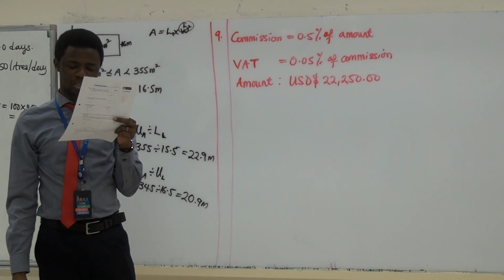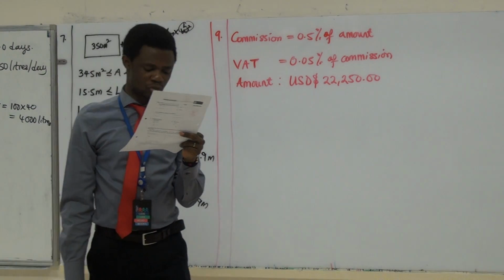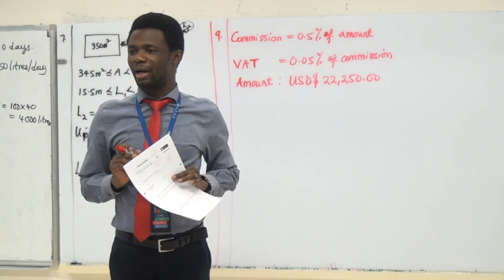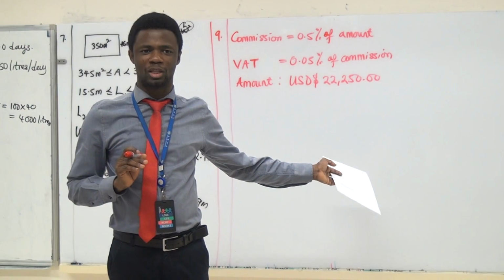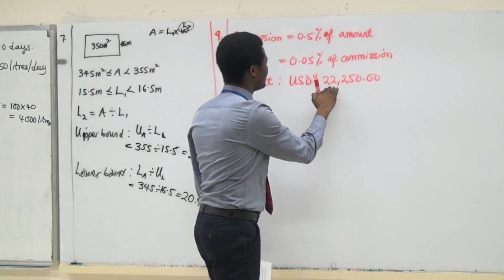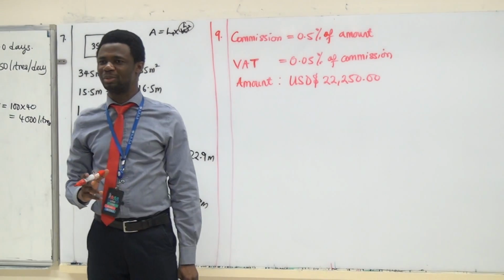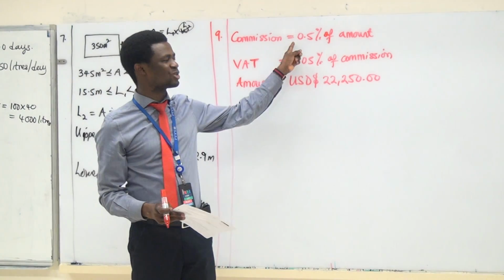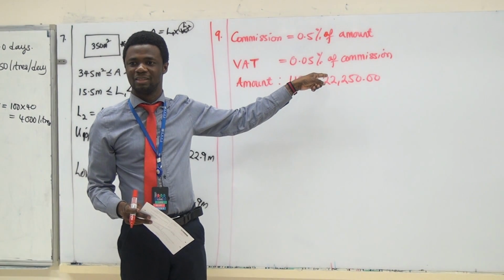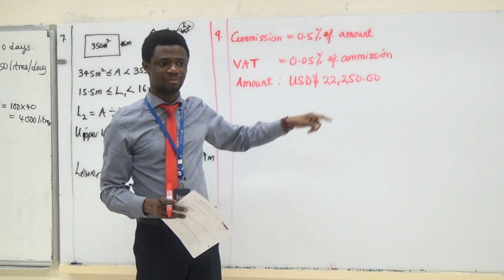How much must he have in his account to make this transfer possible? Remember, I'm going to need a lot of money in my account to make this whole thing possible. Suppose I have only this in my account. Will it be possible? Because remember, I need to pay for the commission and I need to pay for the VAT as well. Okay? Does it make sense?